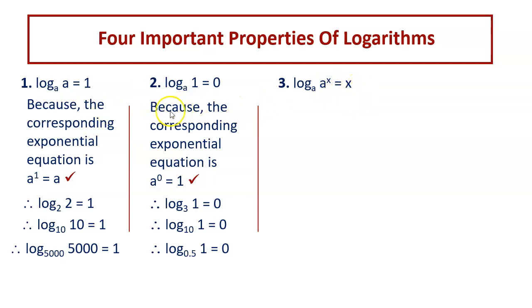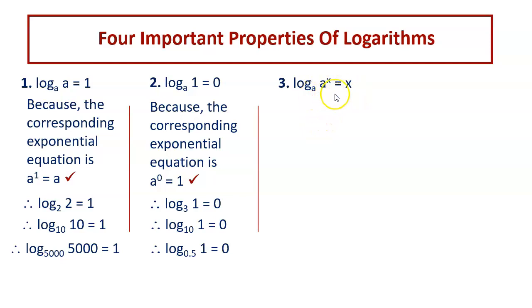As we have done in the previous two cases, we will be converting this to its corresponding exponential form. The base will remain the base, this argument e to the power of x will become the answer, and this x, the product or result of the logarithmic equation, will become the power of the exponential equation.